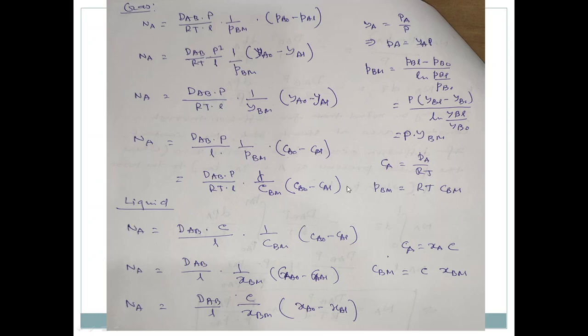Then PBM equal to CBM RT, so then it will be DAB P by RT into L, 1 by CBM into CA0 minus CAL. So for the gas phase only these three are possible. You can express in terms of partial pressure, or in terms of mole fraction, or in terms of molar concentration.